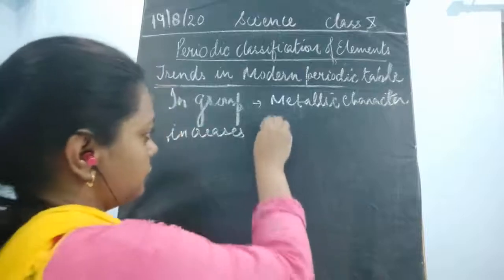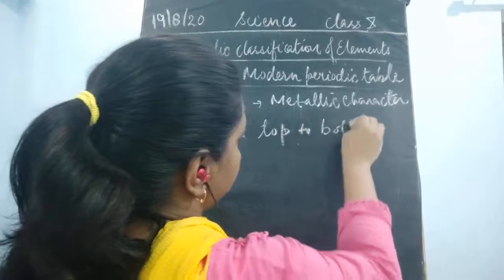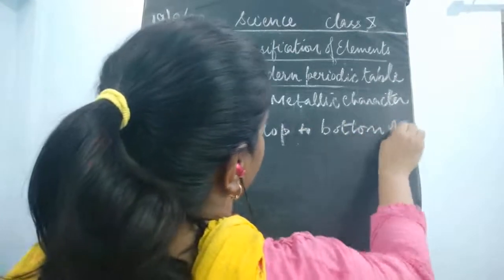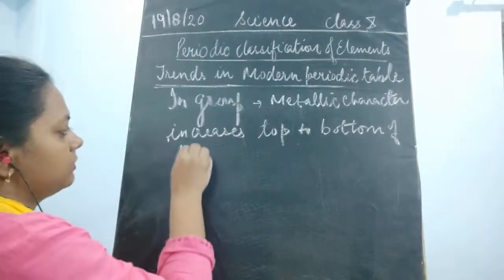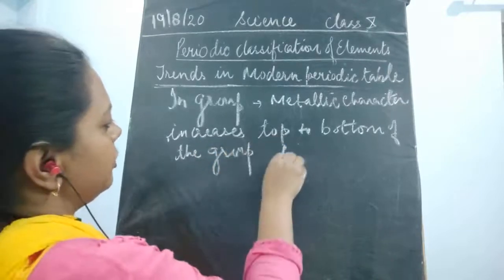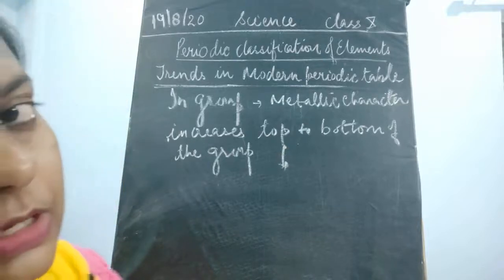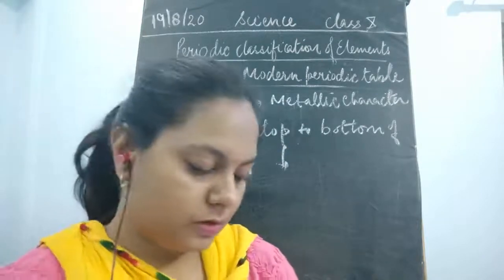When we move from top to bottom of the group. When we are moving from top to bottom, the metallic character is going to increase.